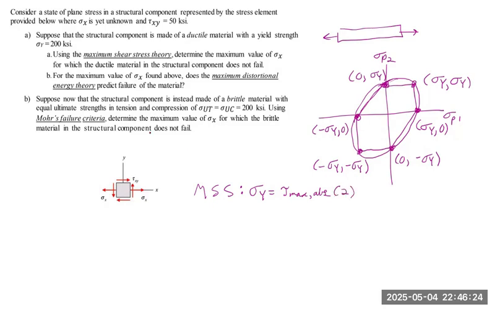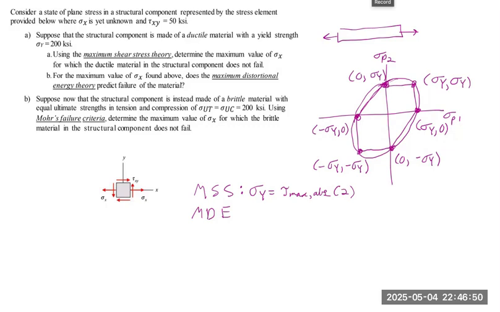What about for the maximum distortional energy theory, which we will call MDE? Well, for that energy theory, we can introduce what we call a von Mises stress, which is different than the yield stress.